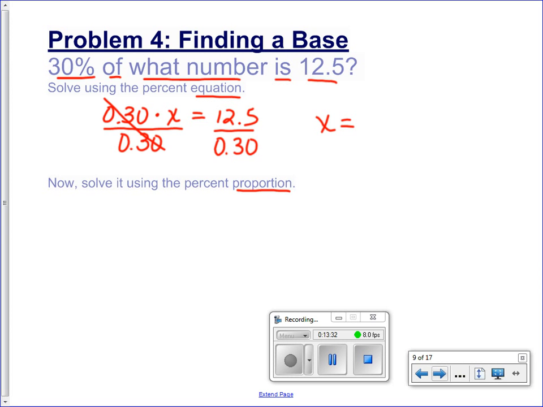And we get an answer of 41, and 0.666 repeating is the same as 2/3, so 41 and 2/3. Or we could write it 41.6 repeating. So 30% of that is 12.5.